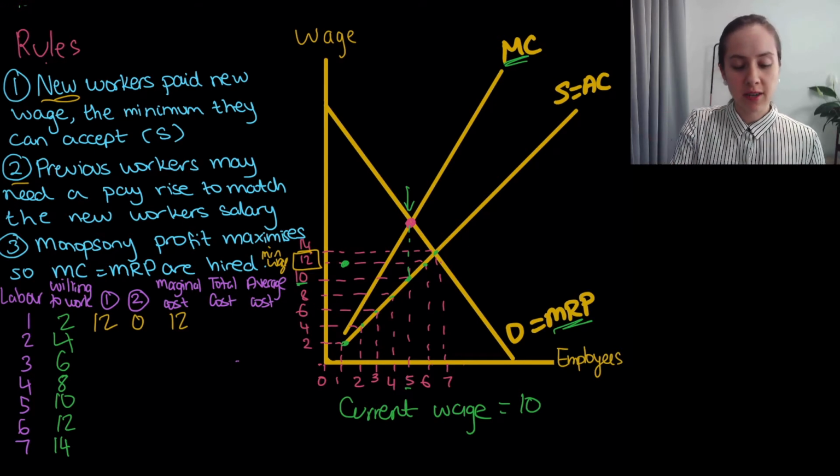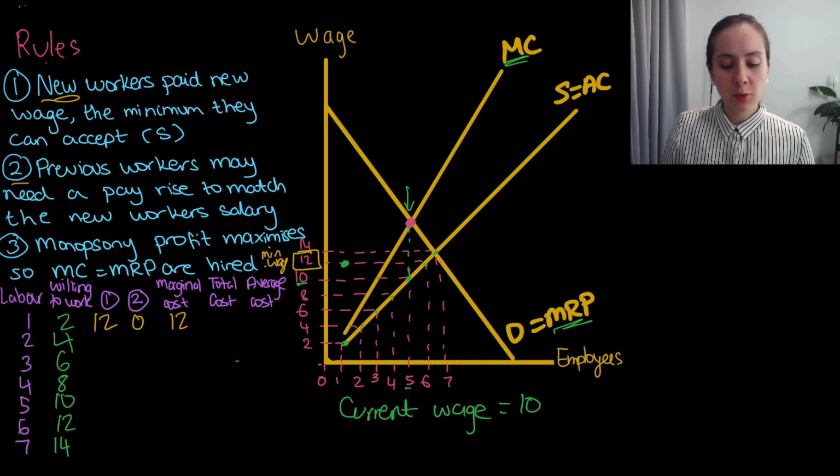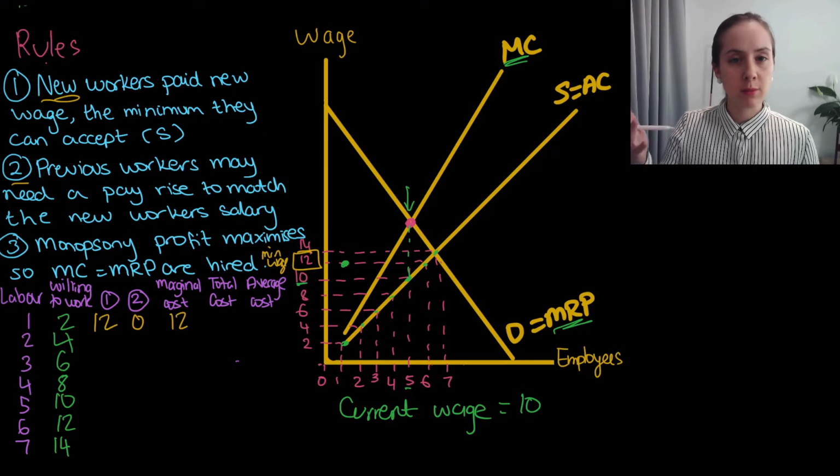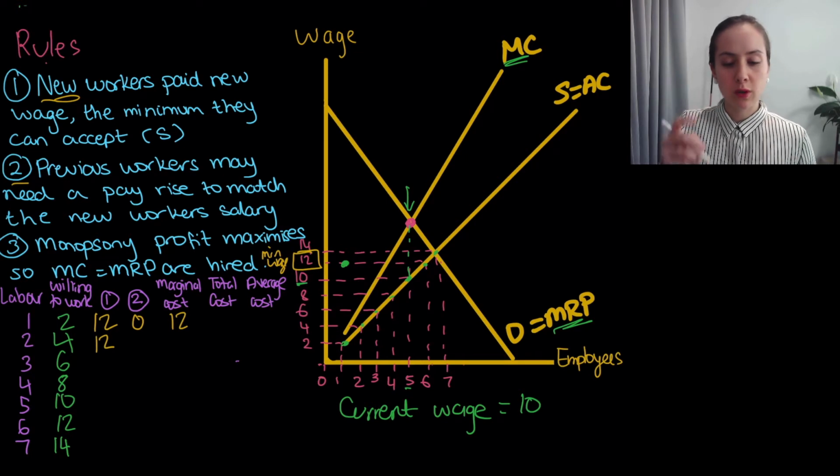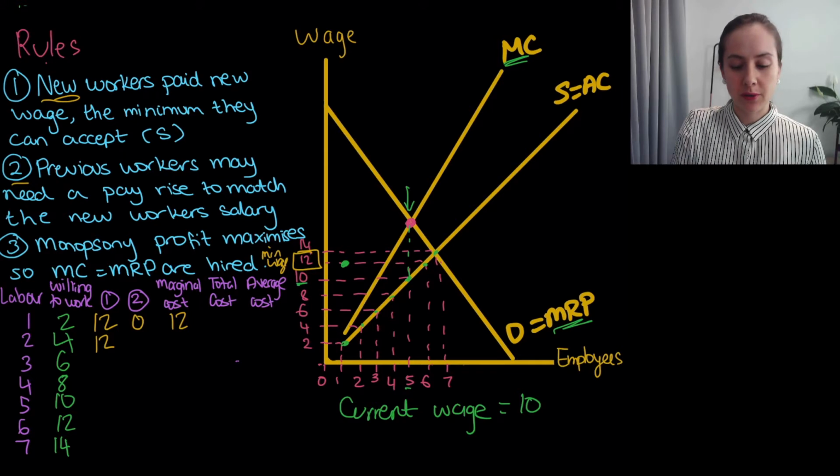Let's repeat for the second worker. The second worker was happy to work at 4. Now, if they were to be employed, they have to be working at 12. So let's write that down. And then rule 1, the new worker has to be paid 12. So that is the cost to the business.